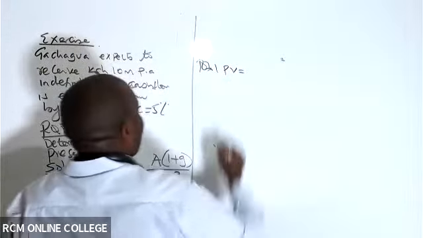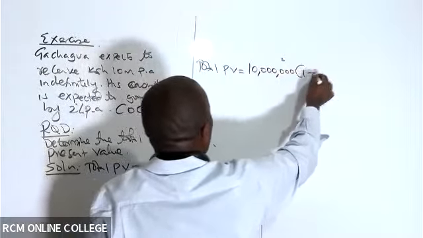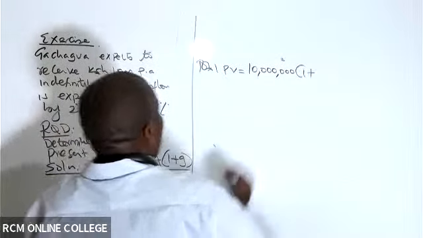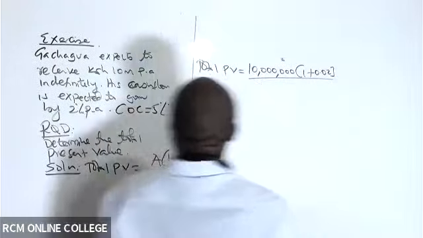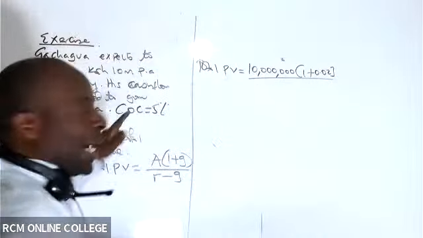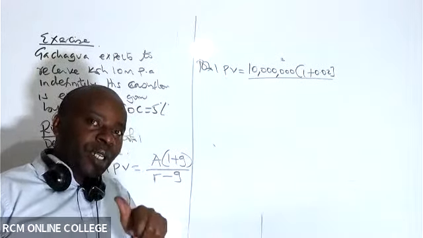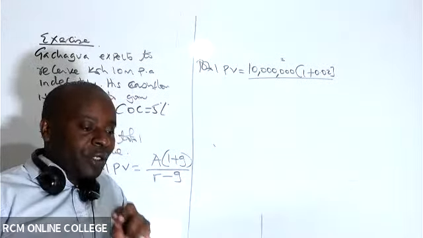The amount is 10 million into 1 plus the growth rate, which we expect to be 2%, 0.02, all over r, the cost of capital. R is the required return. Investors need that as a return, but a company incurs it as a cost, so those terms will be used interchangeably.